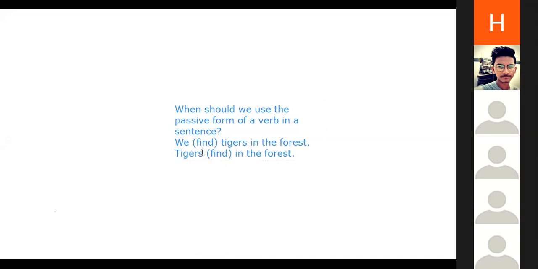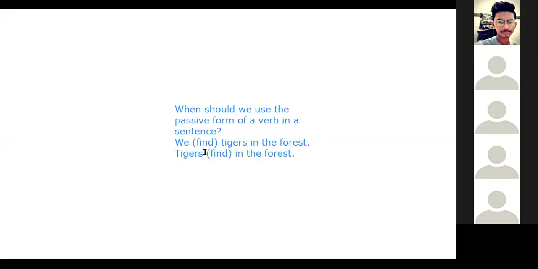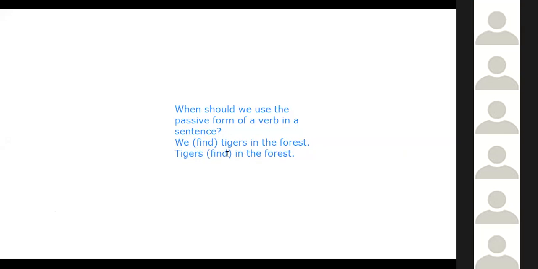Tigers এখানে সাবজেক্ট। এখন টাইগার্স কি ফাইন্ড করছে নাকি টাইগার্স কে ফাইন্ড করা ইন দ্য ফরেস্ট? আমি কিন্তু এখানে বোঝাচ্ছি যে টাইগার ফাইন্ড করছে না, টাইগারকে ফাইন্ড করা ইন দ্য ফরেস্ট। যেহেতু সাবজেক্ট নিজে কাজ করছে না, সাবজেক্টের উপর কাজ আরোপ করা হচ্ছে। The subject is not doing this function. Rather, the function or the action is imposed upon the subject.